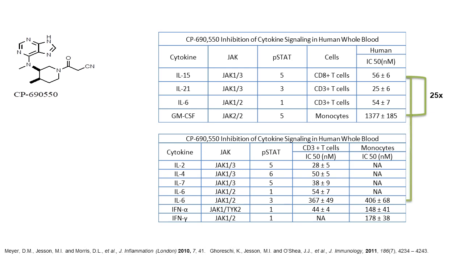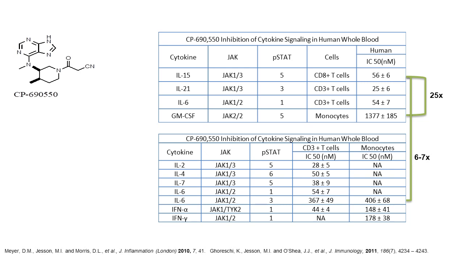And if you move down on the table, you now can have different cells that will be responding to different cytokines using different stats. But if we use the example, for instance, of the interleukin 6 signaling via the STAT3 for monocytes, you have about 400 nanomolar. So that's about 6 to 7-fold higher than the 56 nanomolar, but it's still way below the level that you need to inhibit the JAK2 pathway.